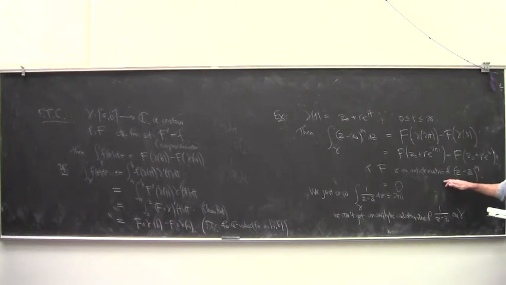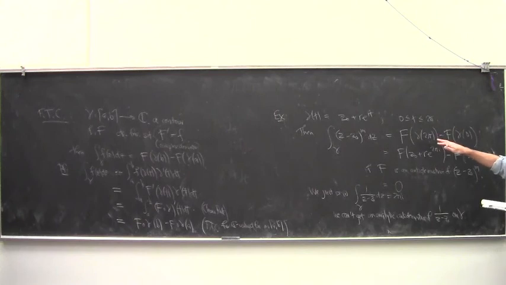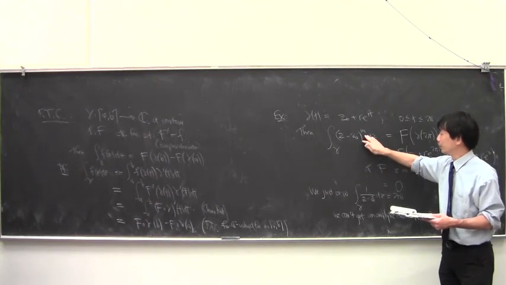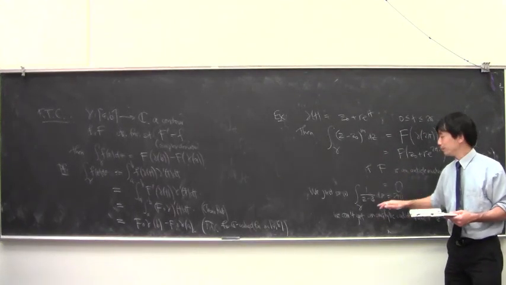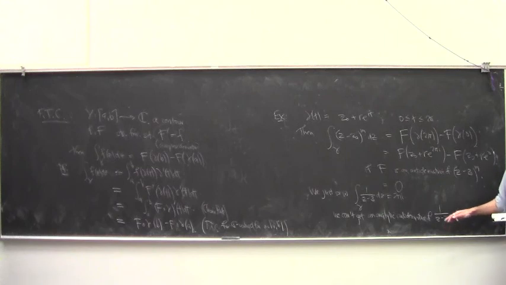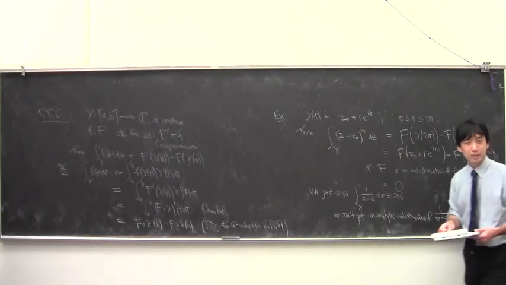It turns out that you can find antiderivatives for any other n other than -1, like the obvious antiderivative. But for -1, it doesn't work because your antiderivative won't be analytic on the full loop. Okay, that's where we'll stop today.